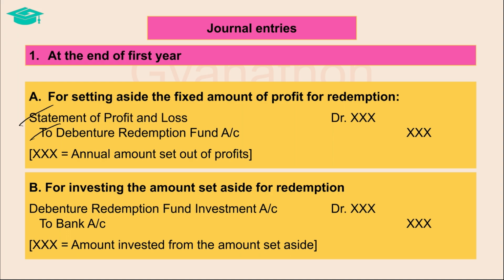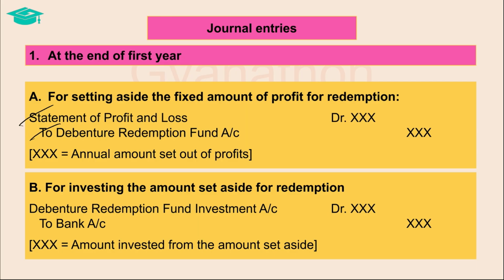When the debentures are redeemed in the final year, then the balance in the debenture redemption fund account is transferred to the general reserve. Once the ascertained amount for the year is set aside and transferred to the debenture redemption fund account, then the same is invested in marketable securities. The investment made from the debenture redemption fund is called debenture redemption fund investment.